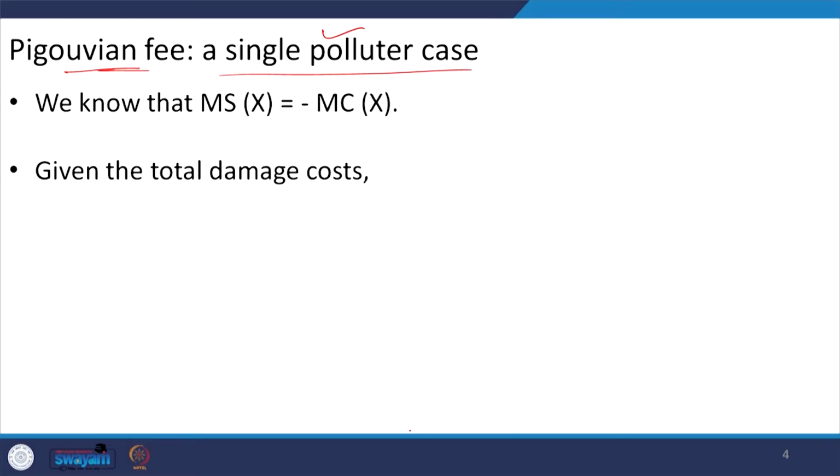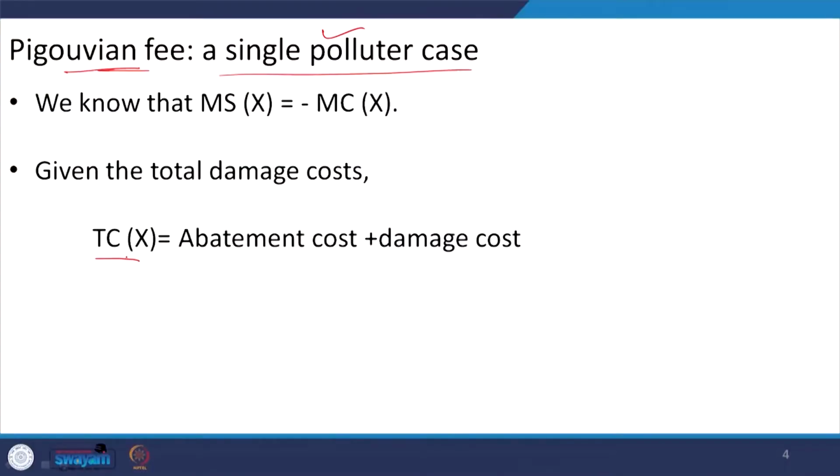And again we know that given the total damage cost from the pollution, we can find the total cost. So, what is the total cost? Total cost is the composition of two terms. The first one is the abatement cost, that is how the farm is going to spend to reduce the level of pollution, and the second one is, if the farm is not going to reduce it at all, the damage cost that is taken into account, right.